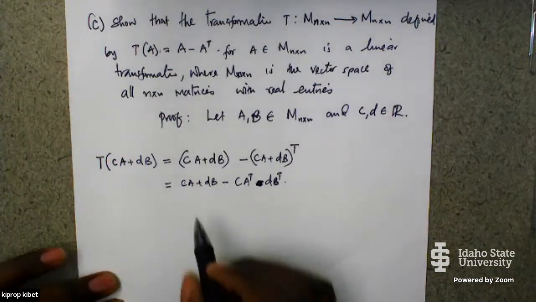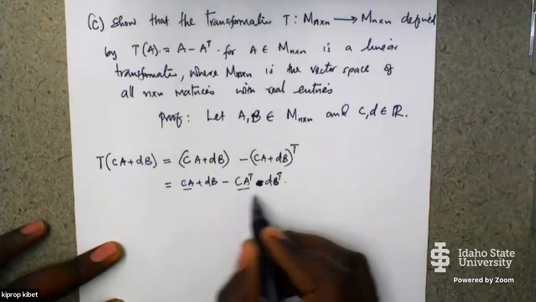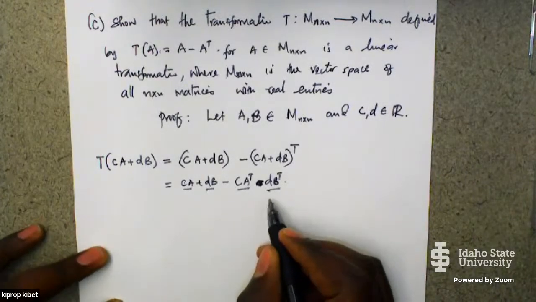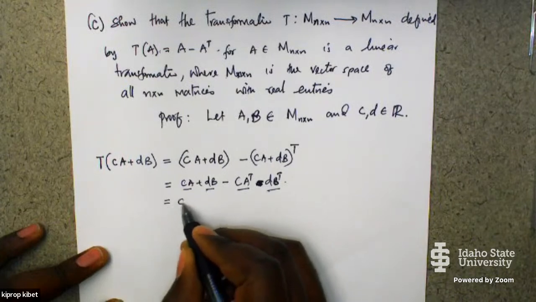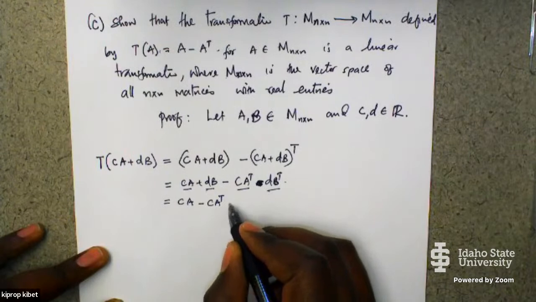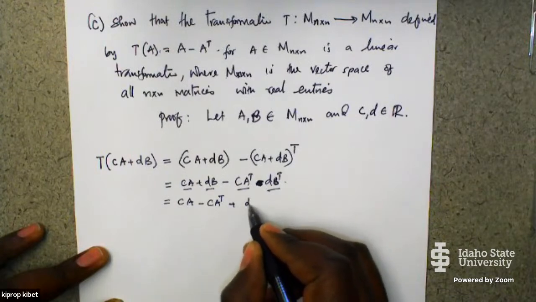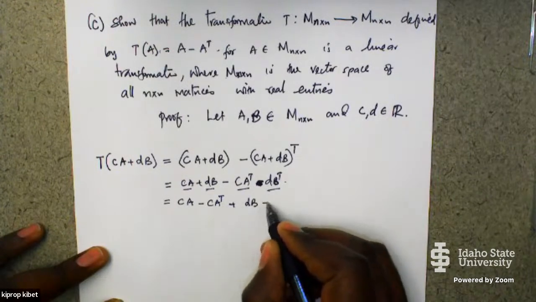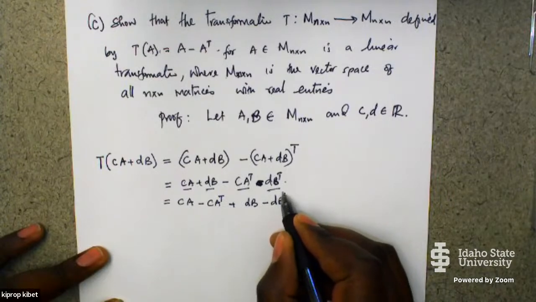Then if we now collect the A's and B's and put them together, this is the same as CA minus CA transpose plus DB minus DB transpose.